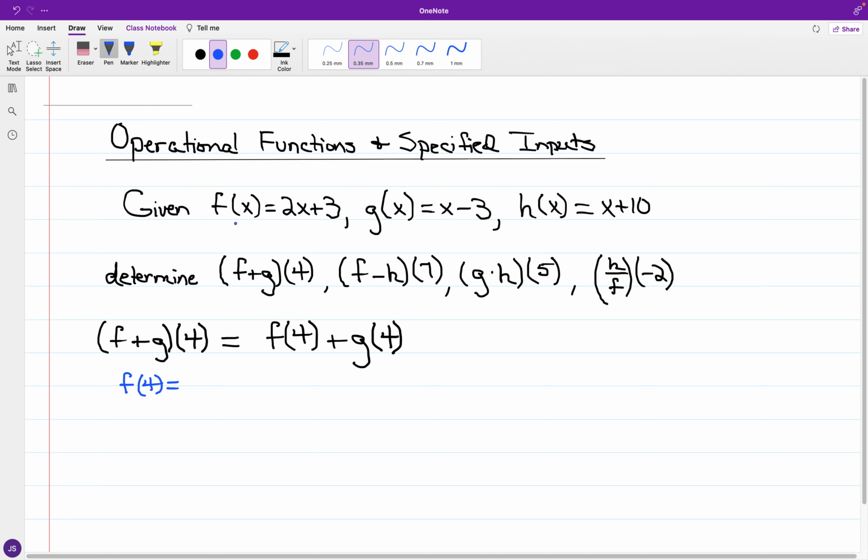Now for f of 4, we're going to be using the f function. f of the input is equal to 2 times the input plus 3, and we have the input at 4. So we have 2 times 4 is 8, plus 3, which is going to be 11.